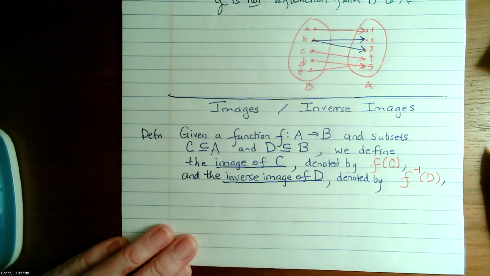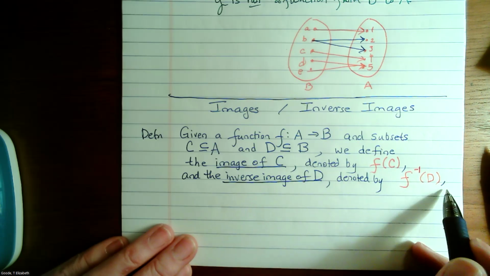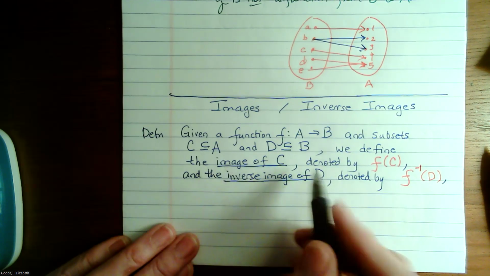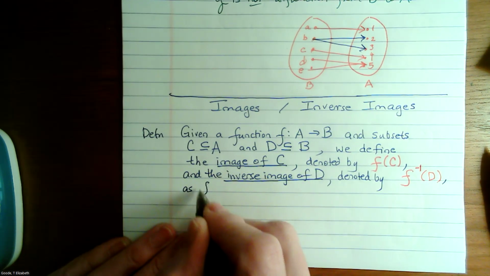Like, you know, the sine function has an inverse function, namely, right, the cosecant function and that sort of thing. This is a set theoretic inverse, not a functional inverse. So we define both of these as follows.